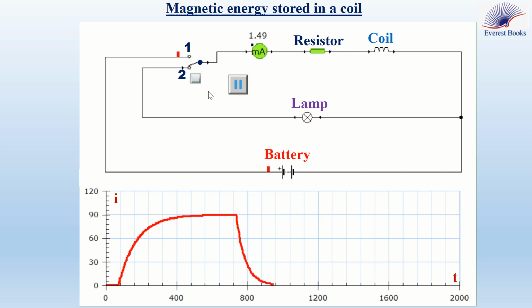We notice that during the decay of the current, the lamp glows for a short time interval and then it dies out. So we can conclude from this simulation, during the decay of the current, the magnetic energy stored in the coil is converted into electrical energy, and part of this electrical energy is consumed by the lamp and it glows.